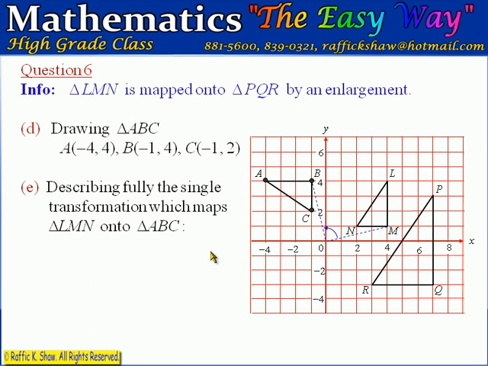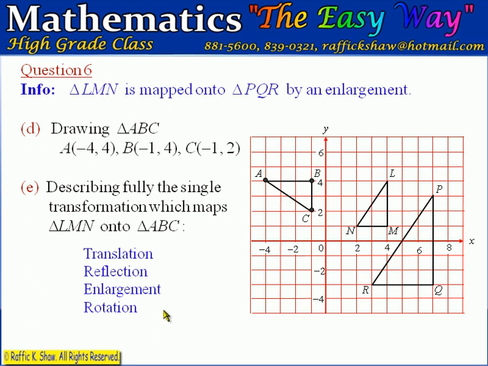But let's say we could not observe that rotation and we wanted to use a theoretical approach. What we would do is look at the 4 possible transformations that could maybe transform triangle LMN onto triangle ABC. And the 4 possible transformations are translation, reflection, enlargement, and rotation.